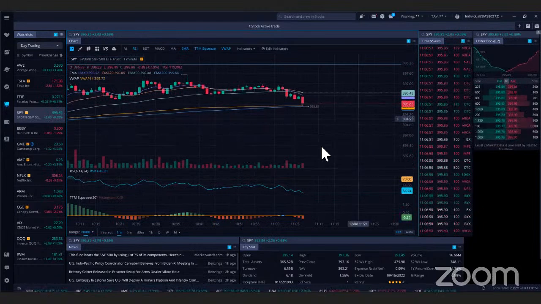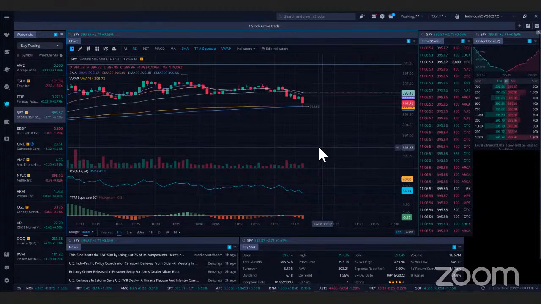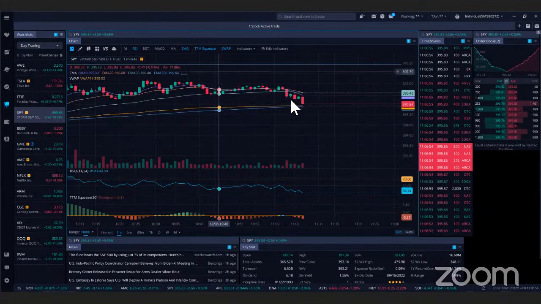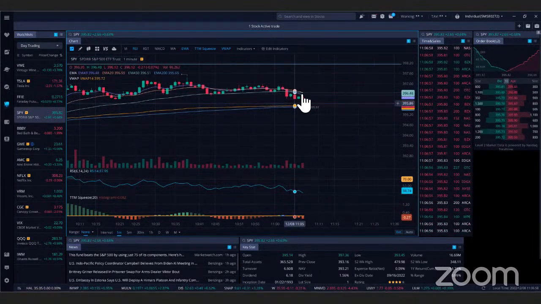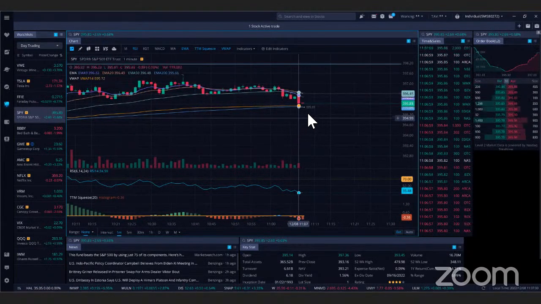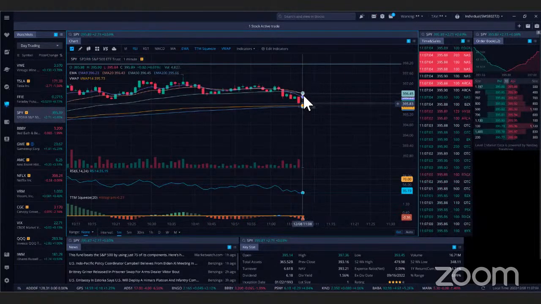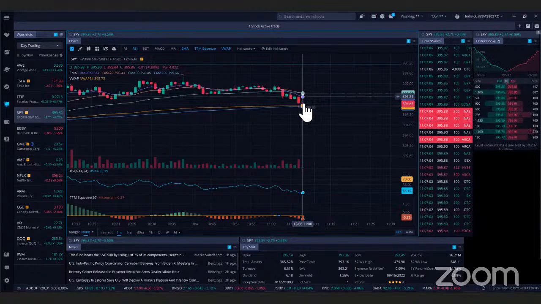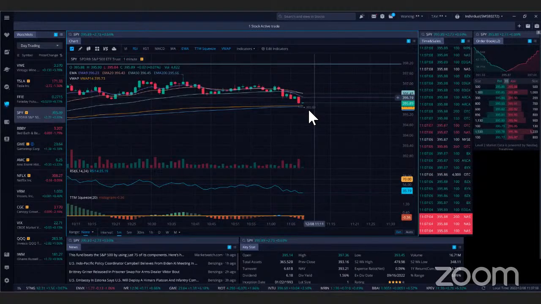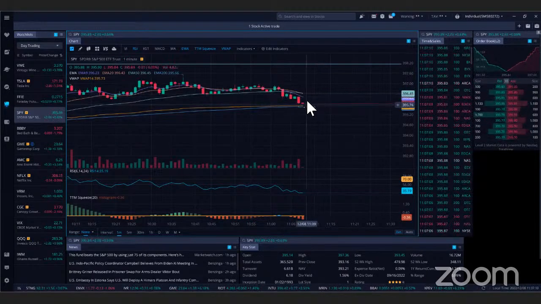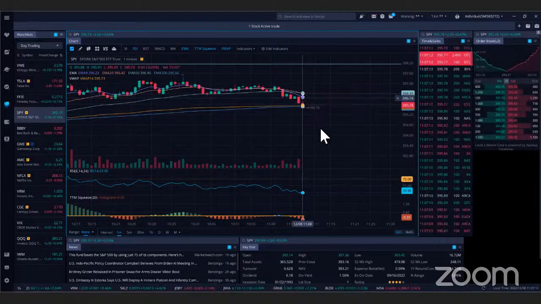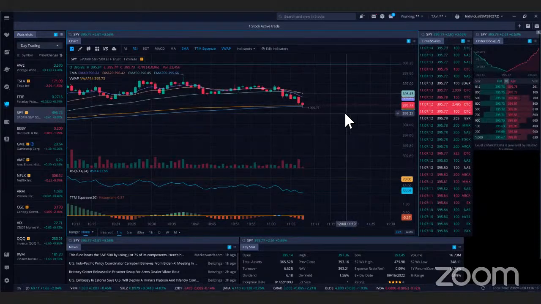So what I would do here, if I wanted a quick YOLO with a tight stop loss, you see how it's approaching VWAP, but it's far away from the EMAs. Typically, remember I said those EMAs are like magnets. I'm willing to bet this next bar will come back up to the 9 EMA right here. I'd get in right this second and I'd cut it if it went below VWAP, and I'd cut it at the 9 EMA if the tape slowed down.